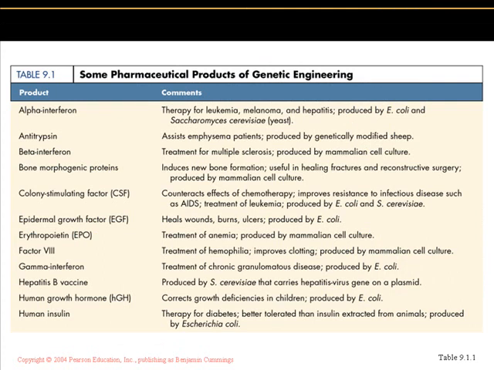These are some pharmaceutical products that are now currently being used and that utilize genetic engineering. Alpha interferon, when we talk about immunity later on, and for those of you in ANP2, we talk about the lymphatic system and the immune system, and we'll talk about interferon a lot.